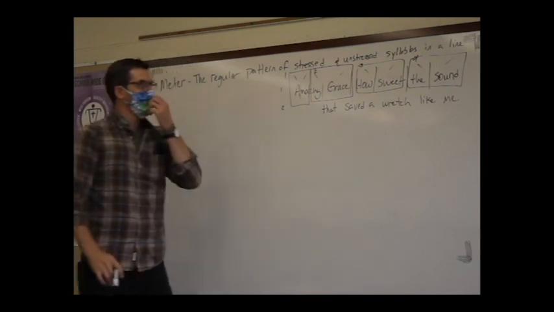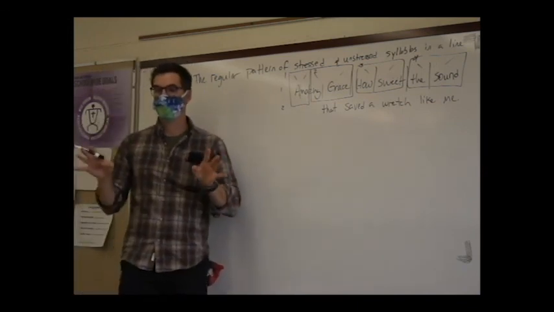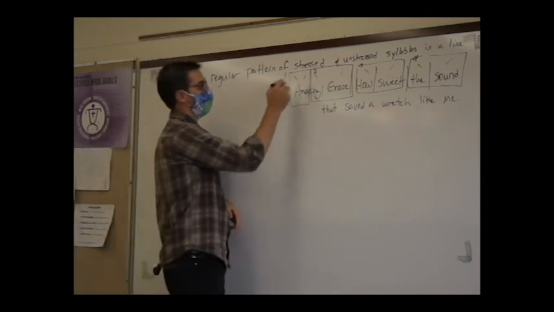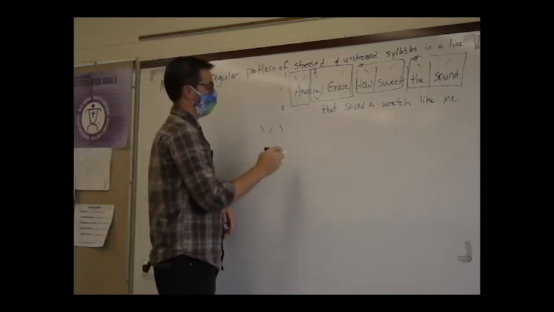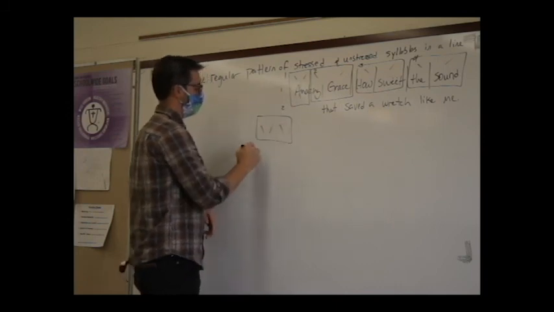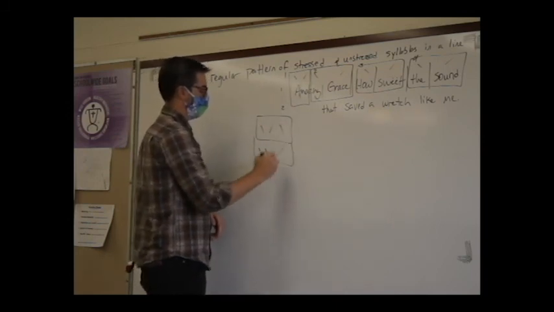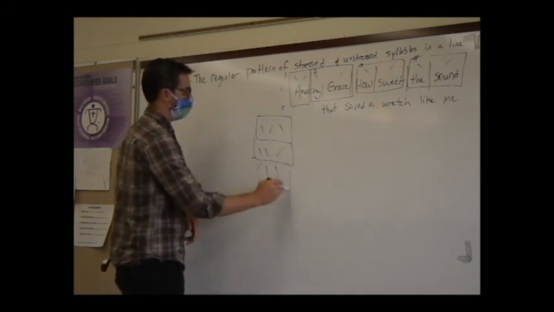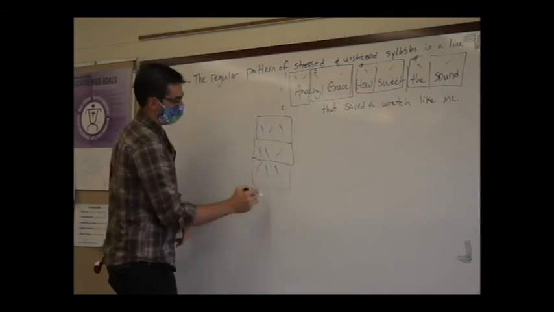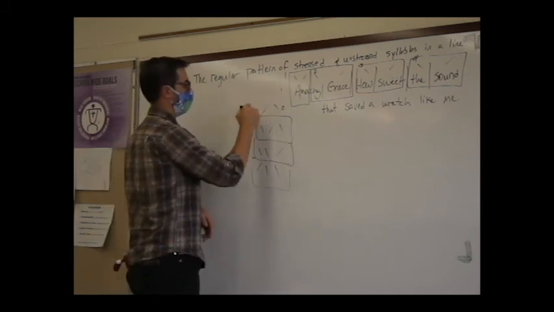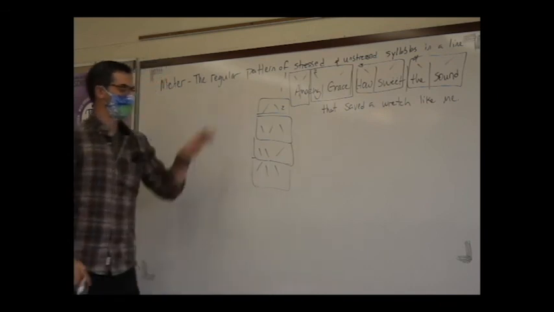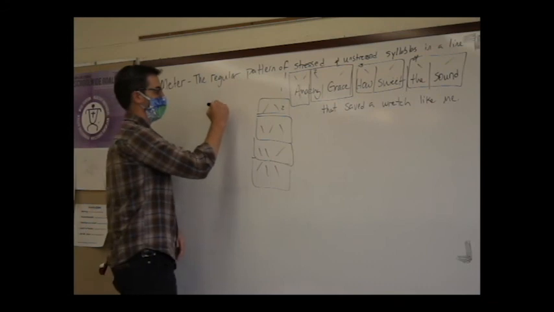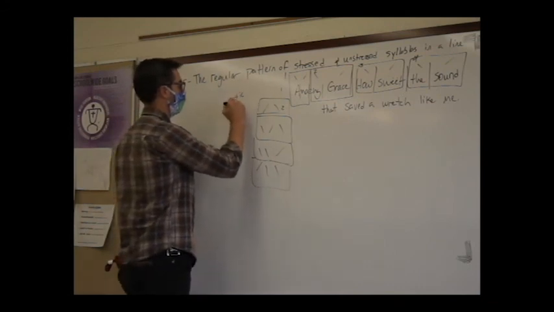Now, any pattern that's repeated, whether it's this pattern, down, up, or down, up, down, or up, down, whatever the pattern is, or even if it's opposite of this one, whatever the pattern is of syllables, each pattern is called a foot, a poetic foot.